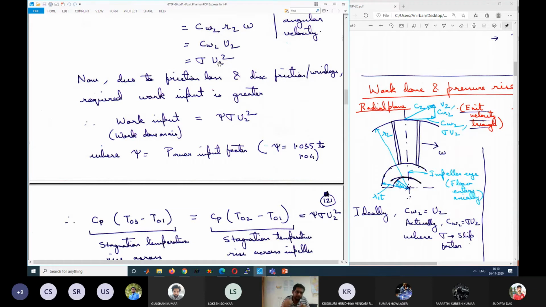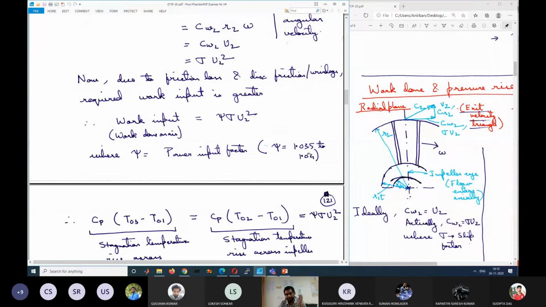So you need to provide more work so that ultimately you get this amount of change in velocity Cw2. Instead of sigma U2 square, the actual work input is denoted as some factor psi into sigma U2 square, where psi is known as the power input factor and is slightly greater than 1.